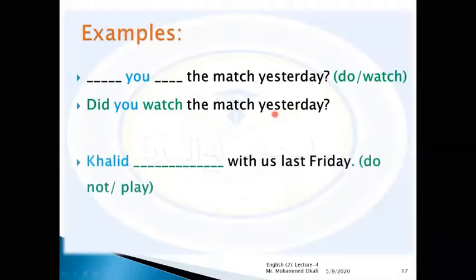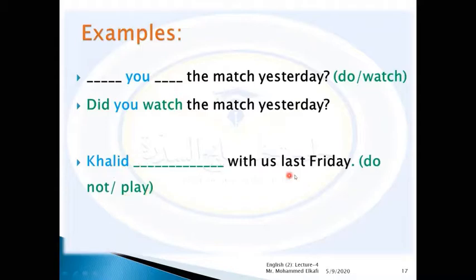In the second example, Khalid play with us last Friday. Here we have do not. That means we should use a negative form. And here we have the main verb, play.